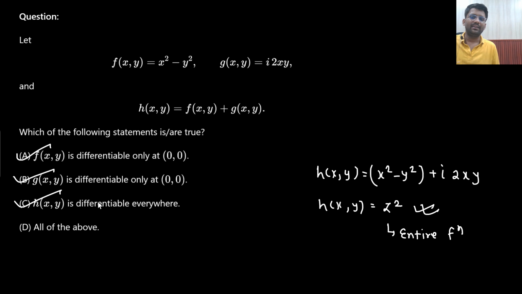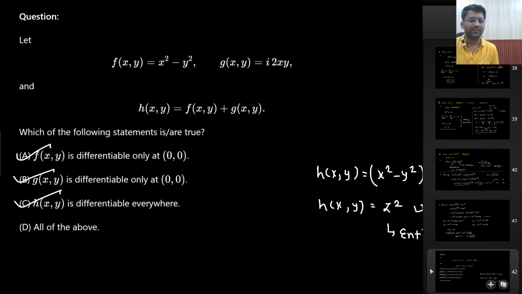So if I say this is differentiable at z equals 1, but this is not differentiable at z equals 1, and this is also not differentiable at z equals 1, the addition of them is becoming differentiable. Are you able to understand this point?